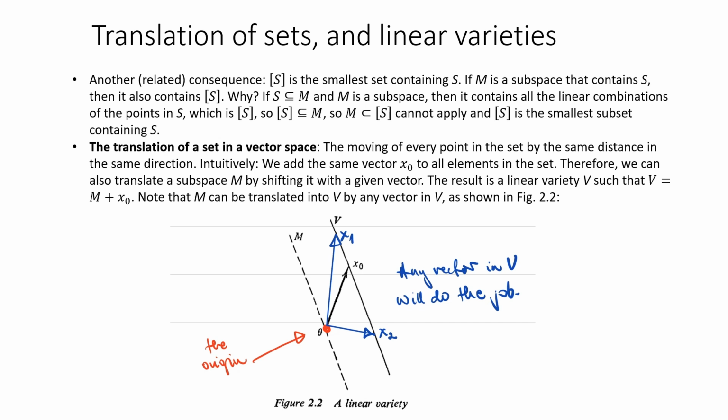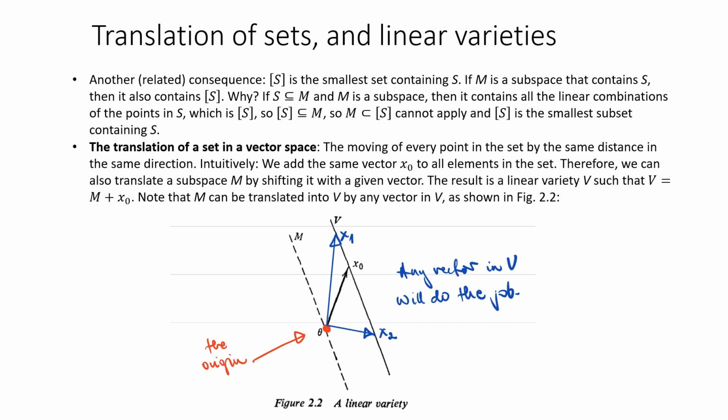What is the translation of sets in a vector space? Intuitively, we can say that when we translate a set in a vector space, we shift the whole set in a given direction. So actually, we add the same vector to all elements in the set. So we can translate a set in a vector space by adding the same vector to all the points, to all the elements in the set.